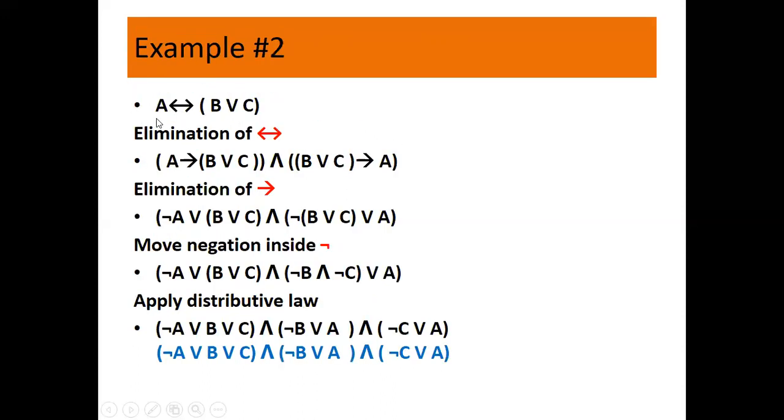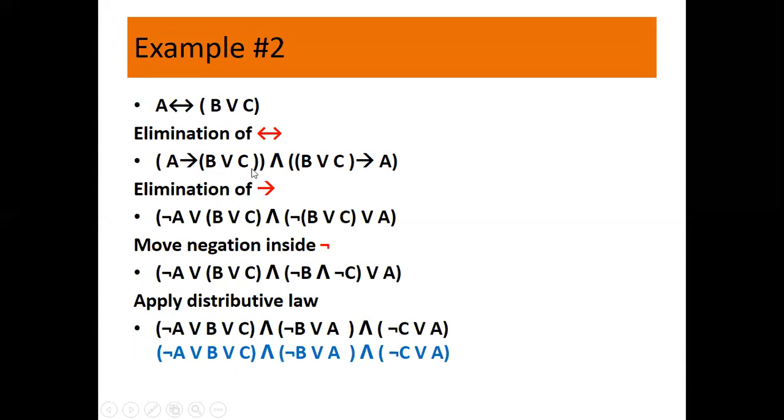Okay, now here we have a biconditional operator: A biconditional B or C. What do you need to eliminate? The biconditional operator. If you have A biconditional B, then it is A implies B and B implies A. It is true both ways, right? So to eliminate this, we'll say A implies B or C, and then again B or C implies A, right?